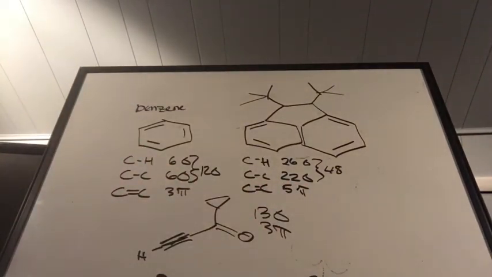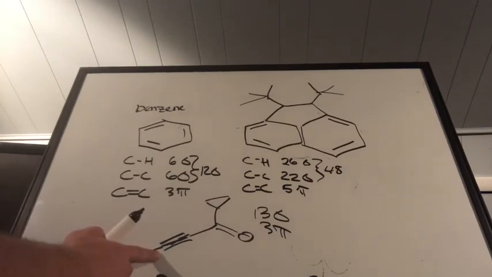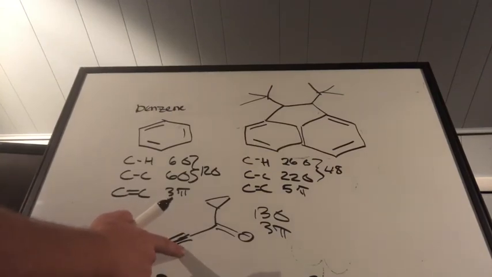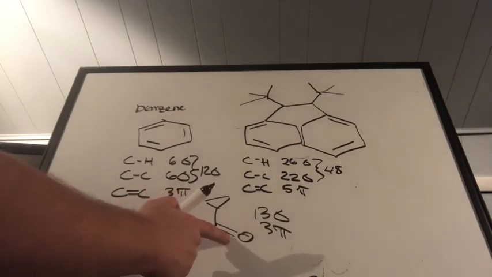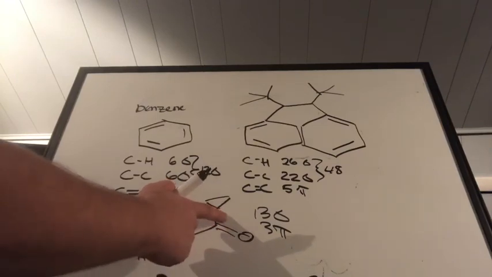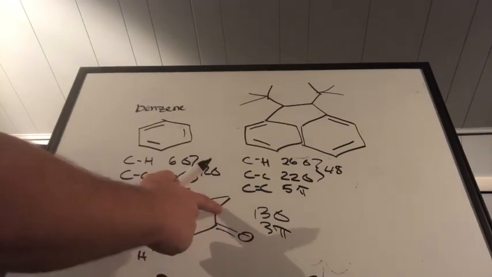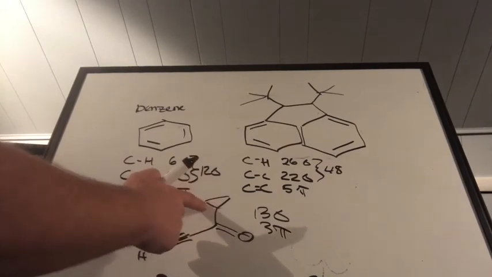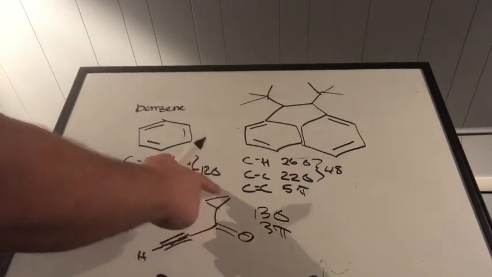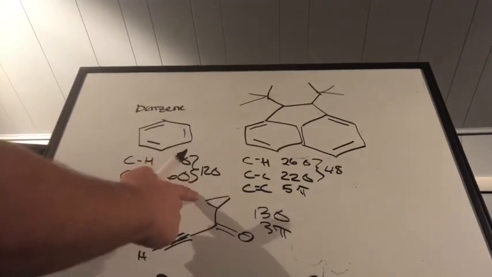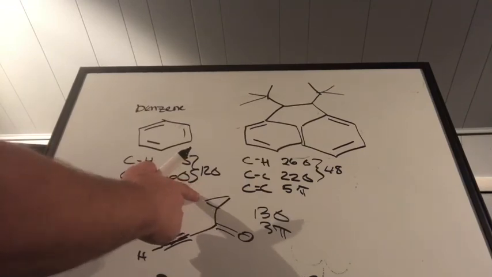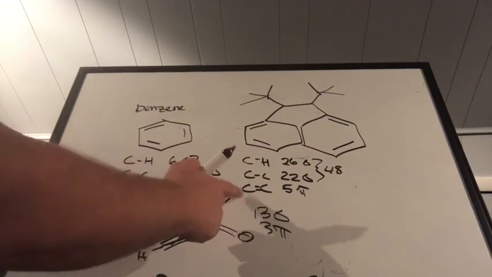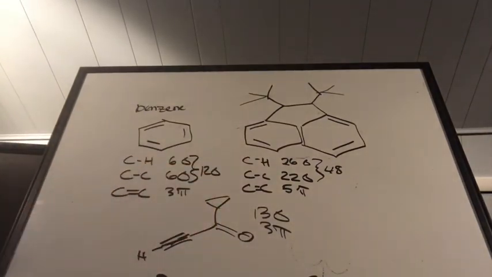Okay. So once again, 1 here from the CH bond, 2 here from this CC bond, 3 here from this CC bond, 4 here from this CO bond, 5 here from this CC bond, CH 6, CC 7, CC 8, CC 9, CC 10, CC 11, CH 12, CH 13. Okay, so it's 13 sigma, 3 pi.